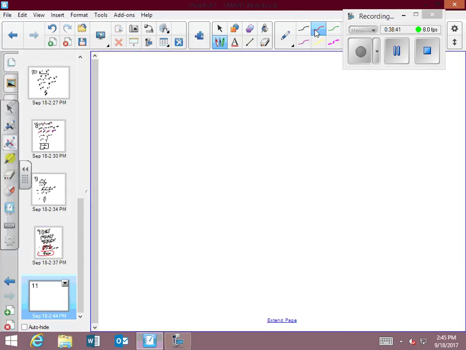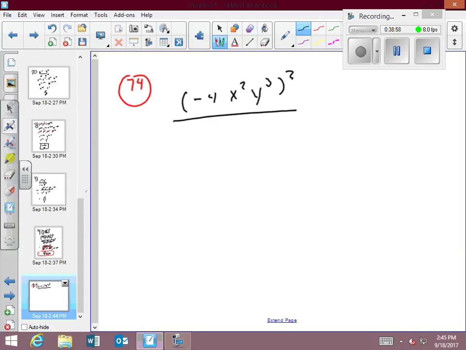All right, I'll do 74. So this one is going to be (minus 4 x squared y cubed) squared over 2x y squared cubed.